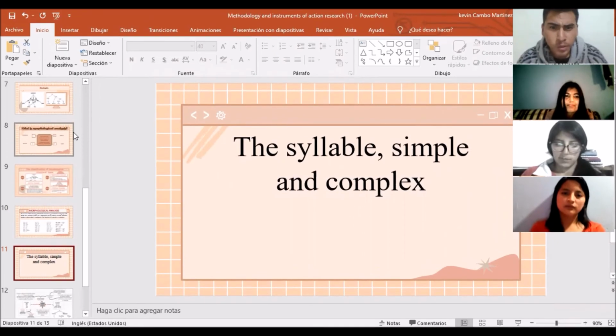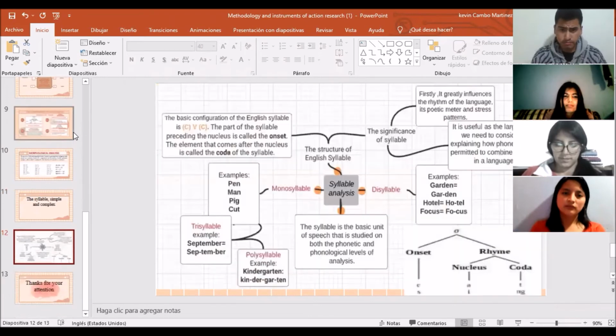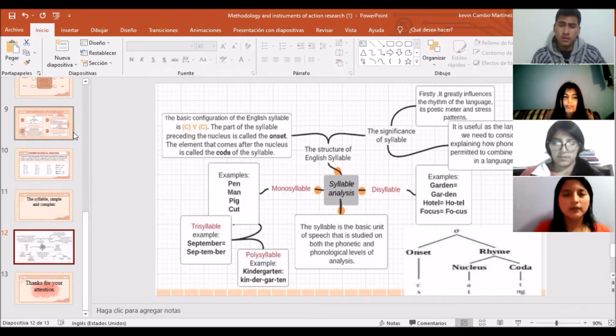Hello teacher, my name is Kevin Campbell. I am going to talk about the syllable, simple and complex. Okay, syllable analysis. The syllable is a basic unit of speech that is studied on both the phonemic and the phonological levels of analysis.